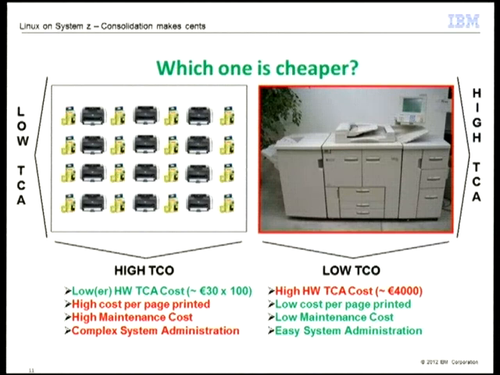If those people actually were not printing at all, that might be the lower cost alternative. But if they are actually doing something, then the solution on the right will very soon prove to be the less expensive one, because you will have much lower cost per page printed, much lower maintenance cost, and much simpler administration. You will probably be able to administer that printer with one person, which could be kind of hard to do with the 100 on the left.